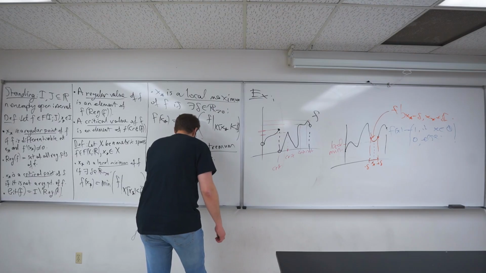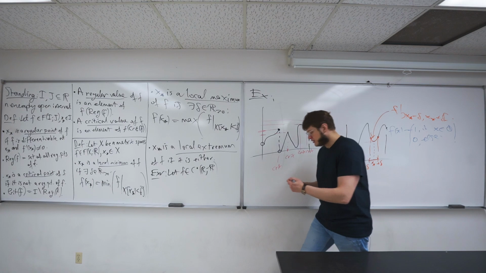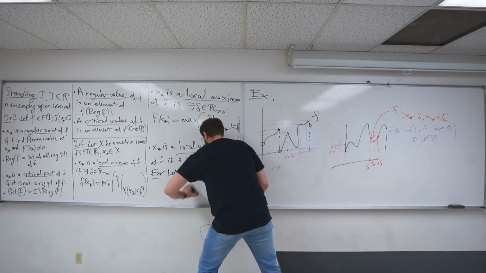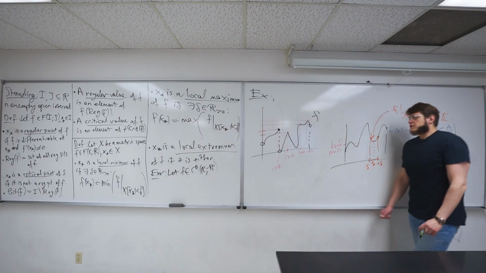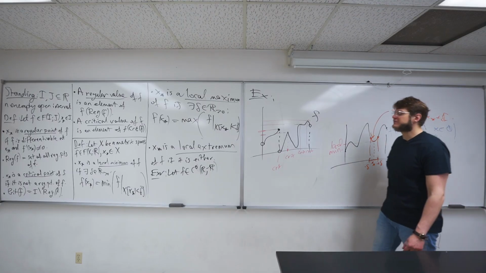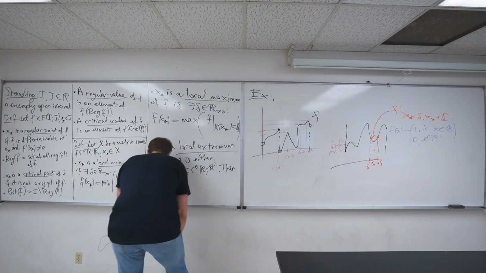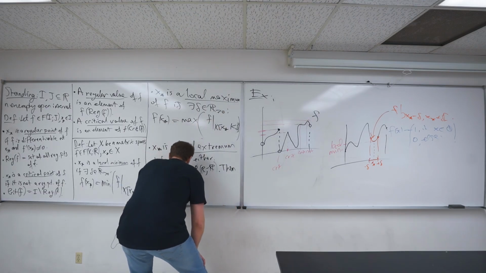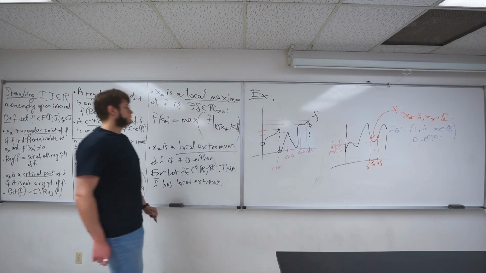Let f be a C0 function, a continuous function defined on the whole reals. Then while f may not have a global maximum, it's always going to have local maxima. Then f has local extrema.